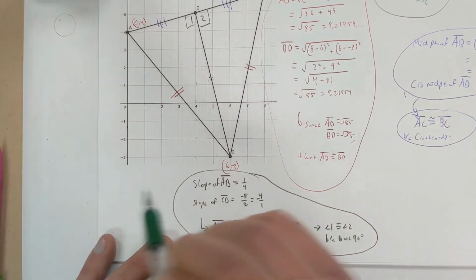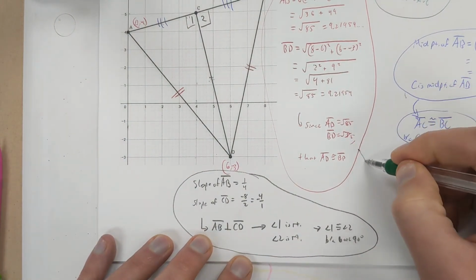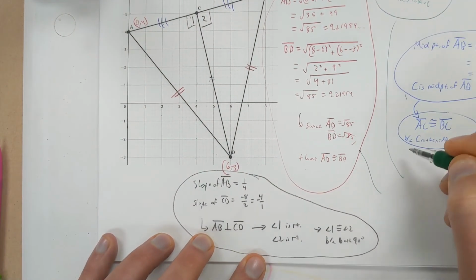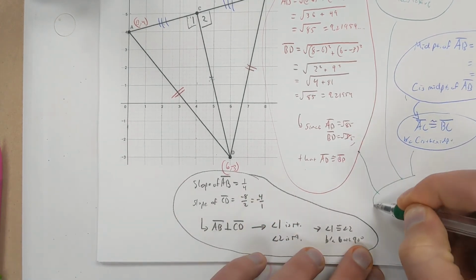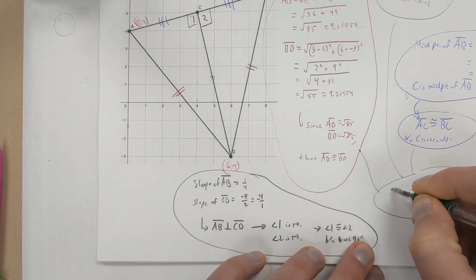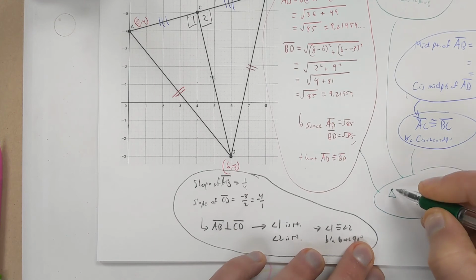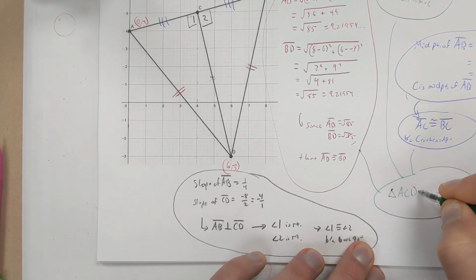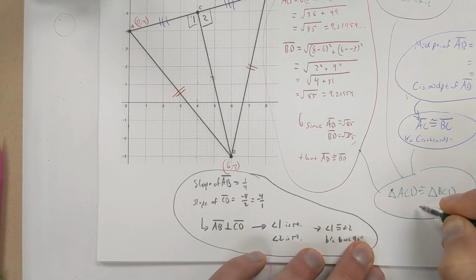I'm just going to stick with these 3 over here and say triangle ACD is congruent to triangle BCD by side, side, side.